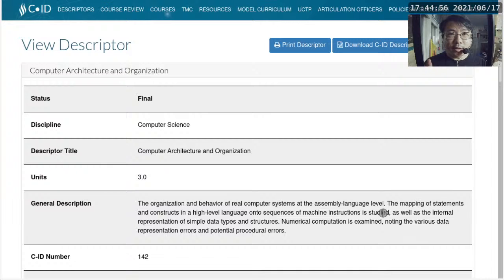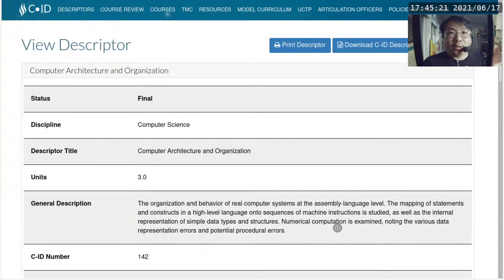But it also mentions, as well as the internal representation of simple data types and structures, numerical computation is examined. So the adding and subtracting, the binary addition, binary subtraction, that is numerical computation. How we compare, that is numerical computation.